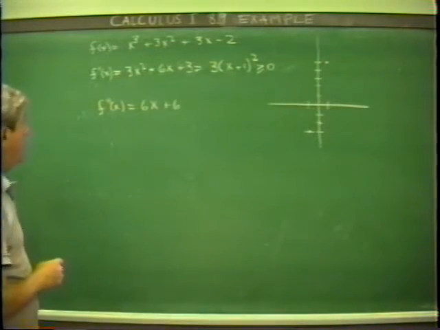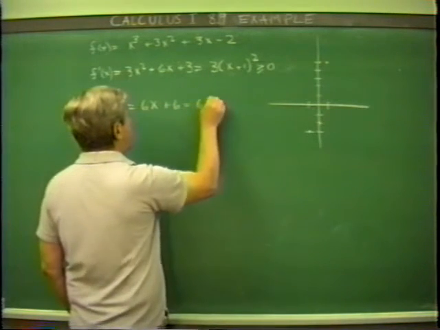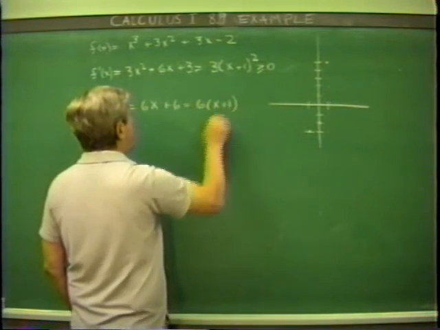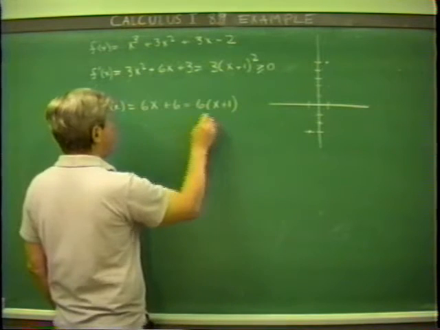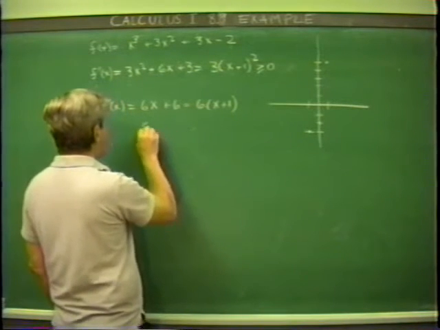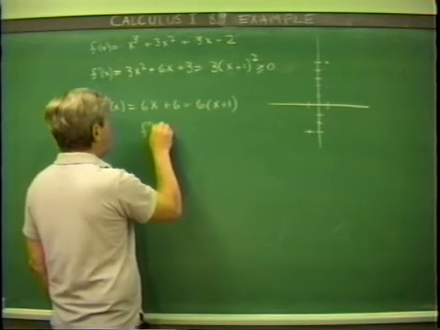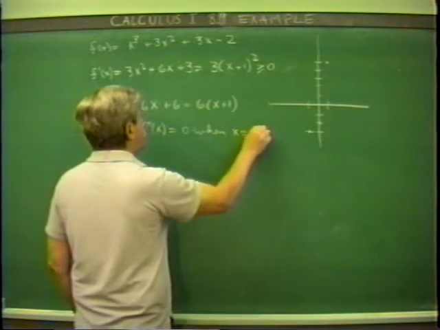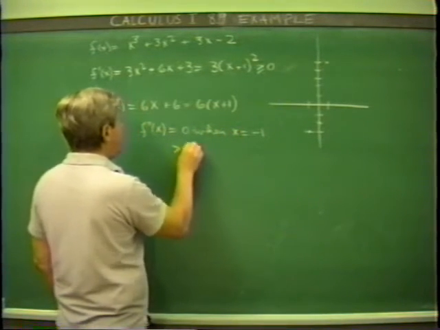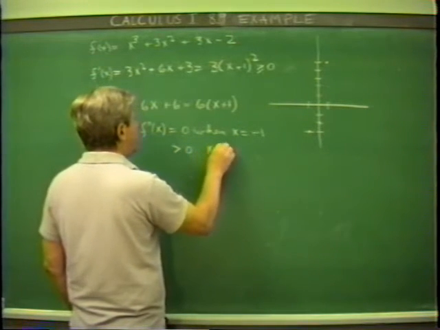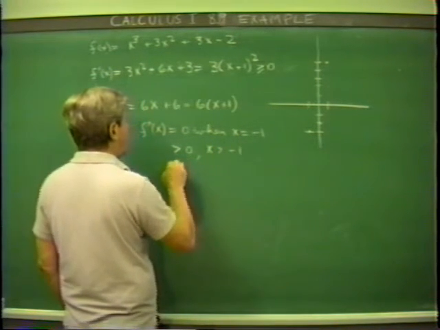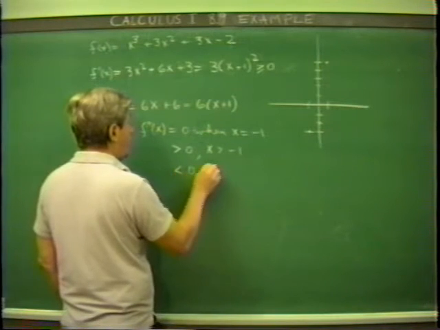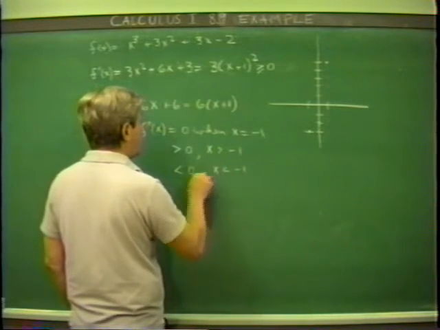It's going to be equal to 6x plus 6, or 6 times x plus 1. Second derivative is equal to 0 when x is minus 1. And it's greater than 0 when x is greater than minus 1.